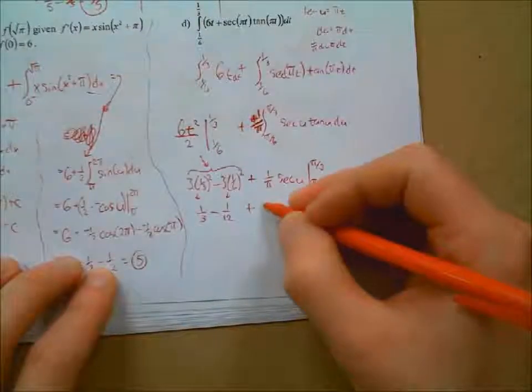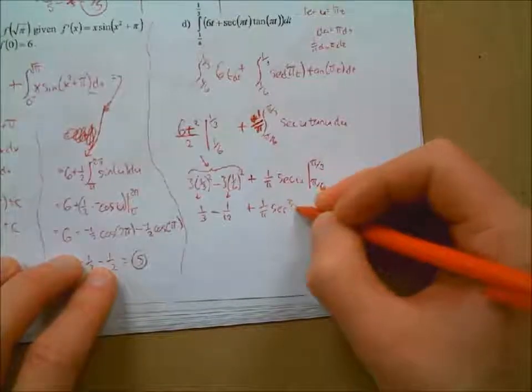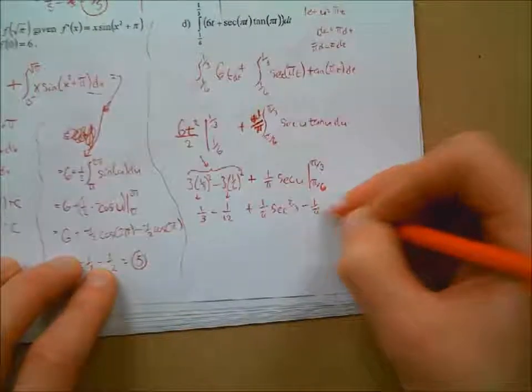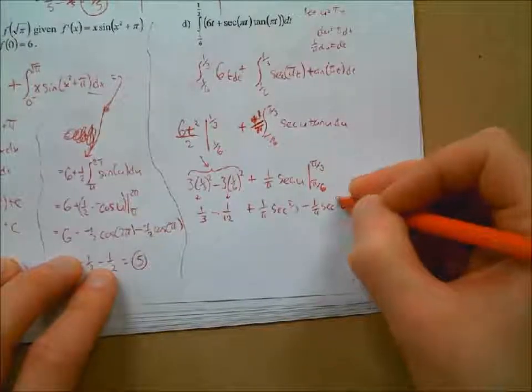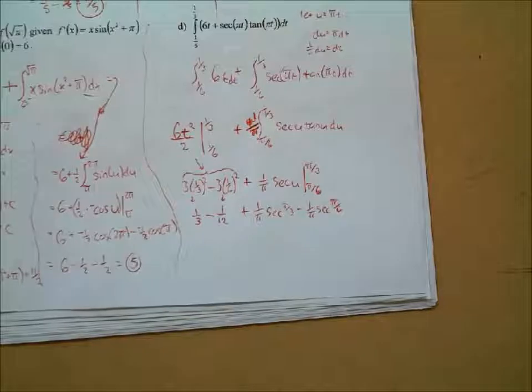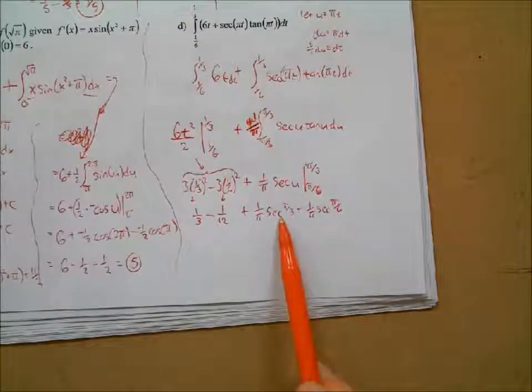Okay, and then 1 over pi times the secant of pi over 3 minus 1 over pi times the secant of pi over 6. Remember, to evaluate secant, it's like evaluating cosine, and then just take the reciprocal of your answer. Secant is the reciprocal of cosine. So cosine at pi over 3 is 1/2.